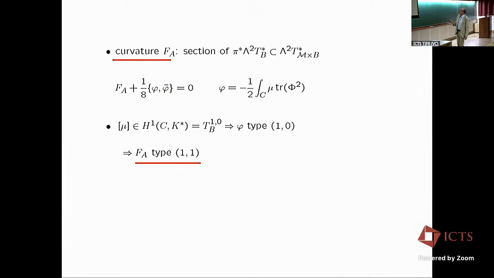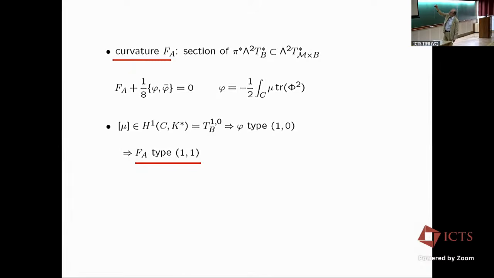What about its curvature? This takes values in the Lie algebra, so it's a two-form on the base with values in the Lie algebra, which is the same thing as a section of the pullback of the bundle of two-forms on the base. So we can think of that also as a two-form on the whole total space in the fibration, just by pullback. Here's the equation that we have, and the first thing you can say is that phi here is complex linear in mu, and mu is of type 1. This means that evaluated on a vector field, it's a 1-0 form.